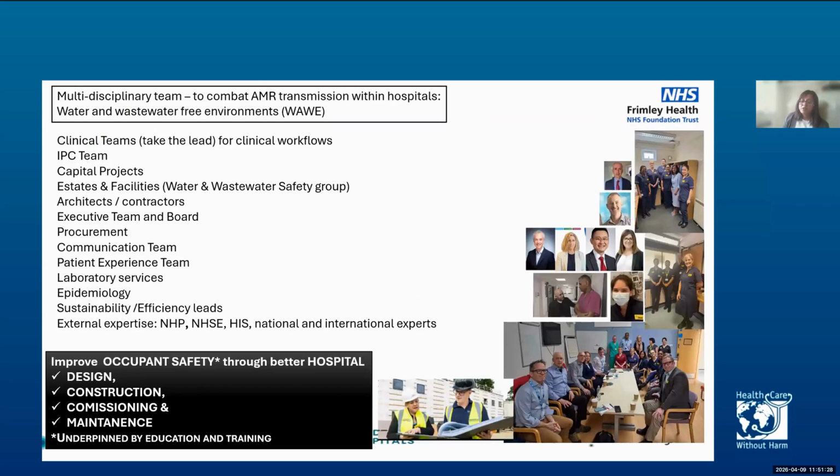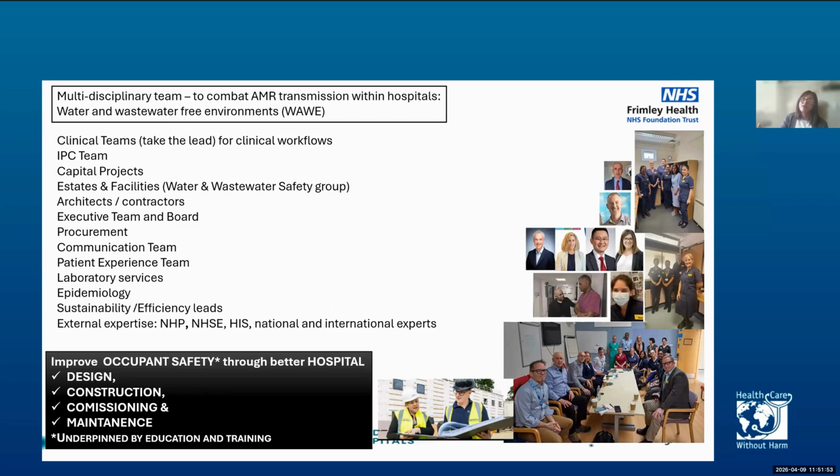So through working with multidisciplinary teams, you can combat AMR transmission within hospitals by creating water and wastewater-free patient environments, and improving occupant safety, that is safety of every person who occupies the hospital, through better hospital design, construction, commissioning, and maintenance. And all of this has to be underpinned by better education and training.